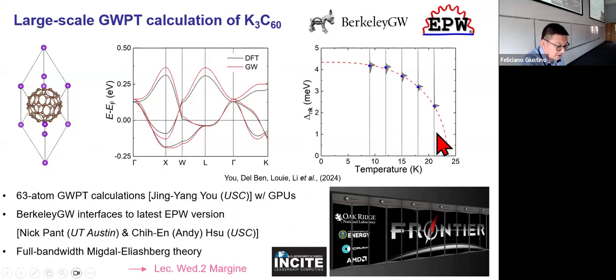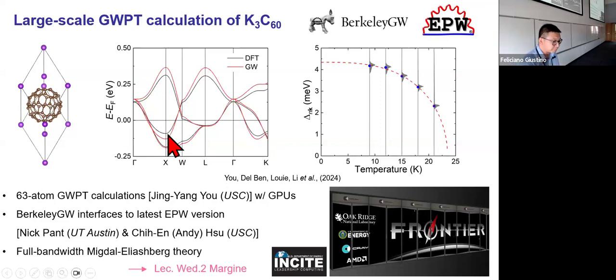This calculation is done with GWPT on a supercomputer interfaced with the latest version of EPW, where we have used the full bandwidth Migdal-Eliashberg theory introduced by Professor Margine earlier. The reason why we need that is that this material has a pretty narrow electron band, where the phonon energy is at a similar scale to the electron bandwidth.